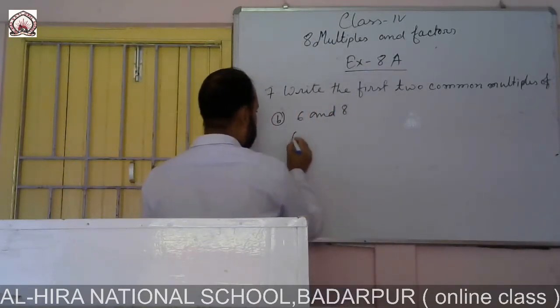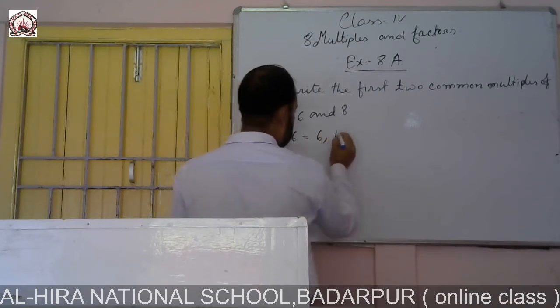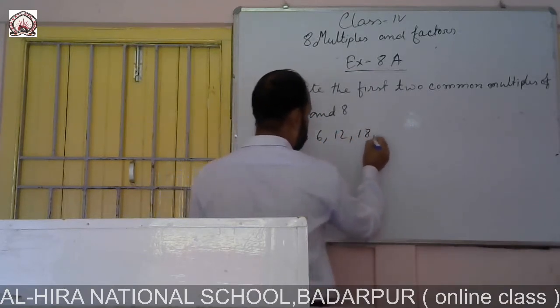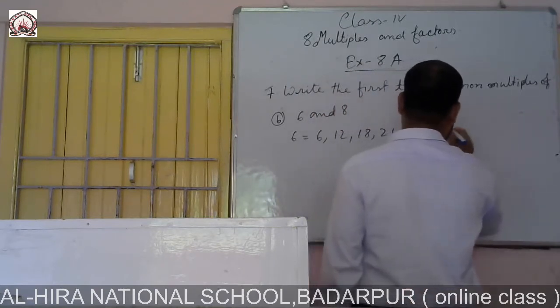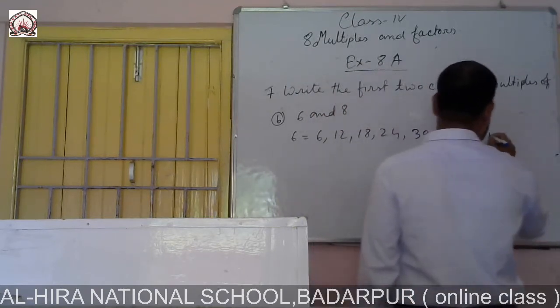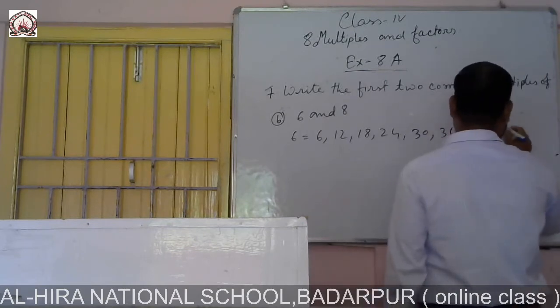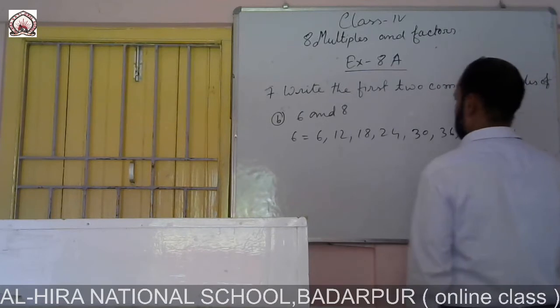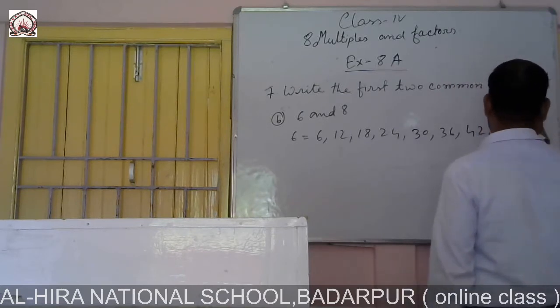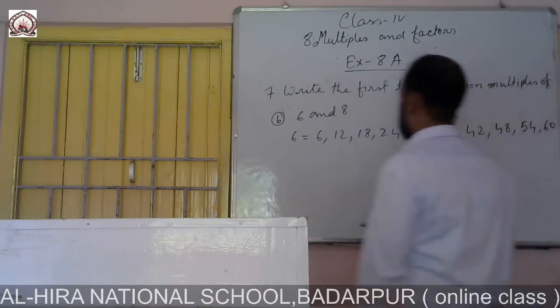We write table number 6: 6, 12, 18, 24, 30, 36, 42, 48, 54, 60.